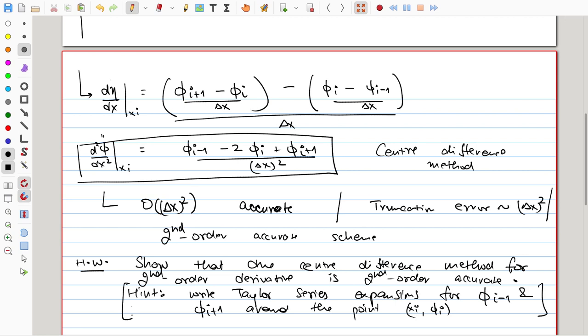Okay, the hint is very similar to yesterday, that you have to expand phi i minus 1 and phi i plus 1 around the point x i comma phi i using Taylor series. And when you do that, all you have to do is substitute the expression of the expanded Taylor series form in this expression. Now remember, I have stopped doing that, but this is an approximation.